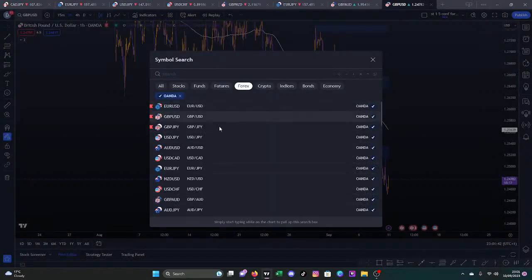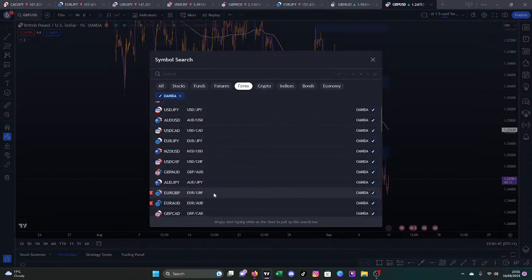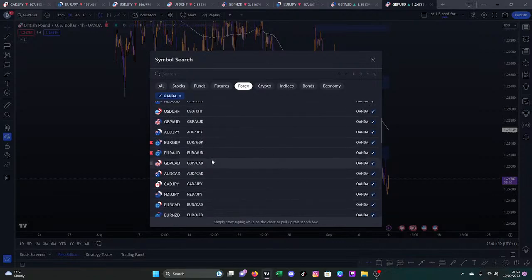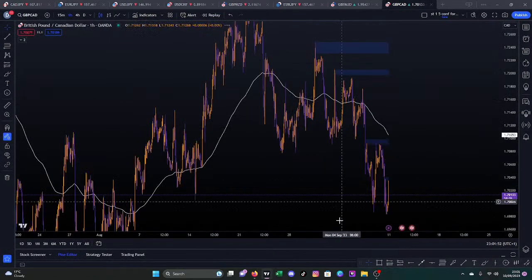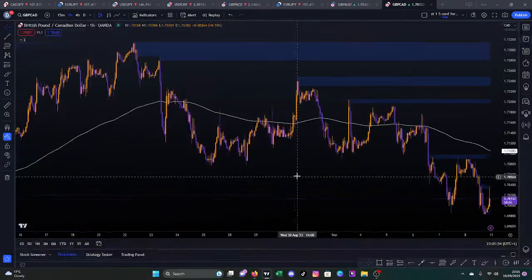GBP USD, it's a bit far, don't like to use it. I don't have GBP CAD on though, do I? No, I don't.